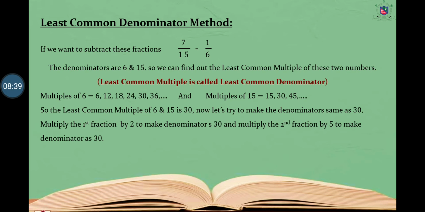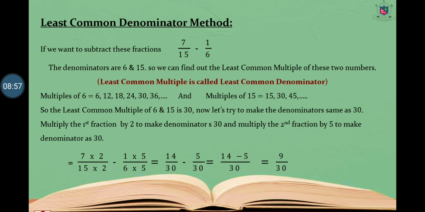Now you have to think by which number you will multiply 15 to get 30. Yes, if you multiply 2 by 15, you get 30. So, we have to multiply the numerator and denominator of the first fraction by 2.